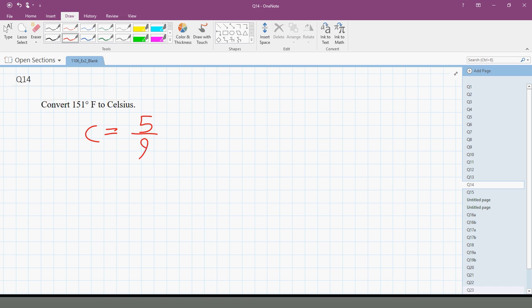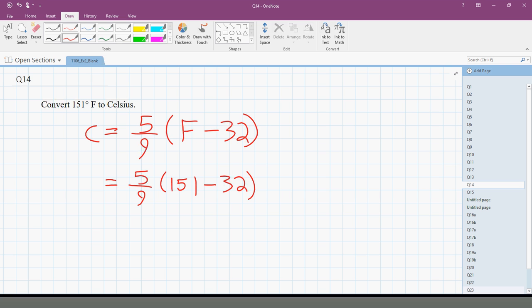Take that fraction that we had and flip it, but this time we need parentheses, and it would be your Fahrenheit minus 32. So all we have to do is plug in. Celsius is plus and Fahrenheit is minus. You got it. And flip it, the reciprocal of the fraction.